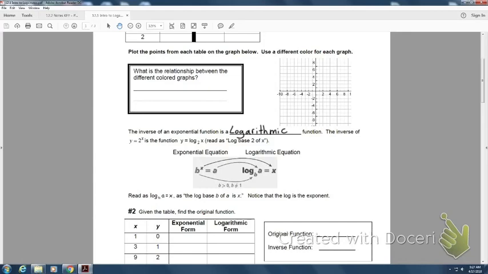Now, there's another way that you can remember this. Okay, and it's what I call fish hook, just because if you follow the path, it looks kind of like a fish hook. So, one, you got to know that if you're going from exponential and you're going to logarithmic, the first thing you have to do is write log.